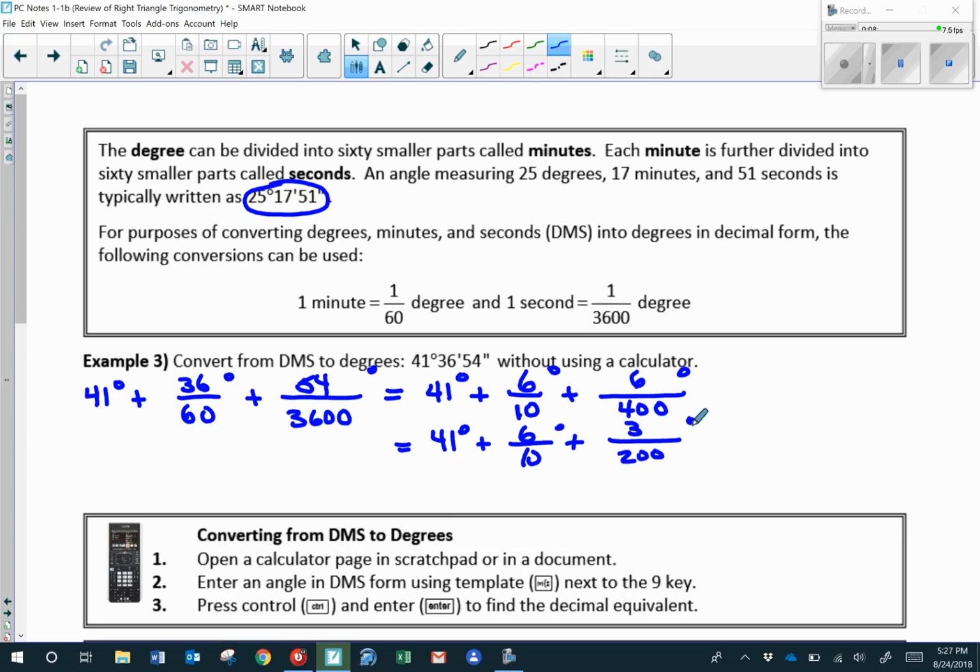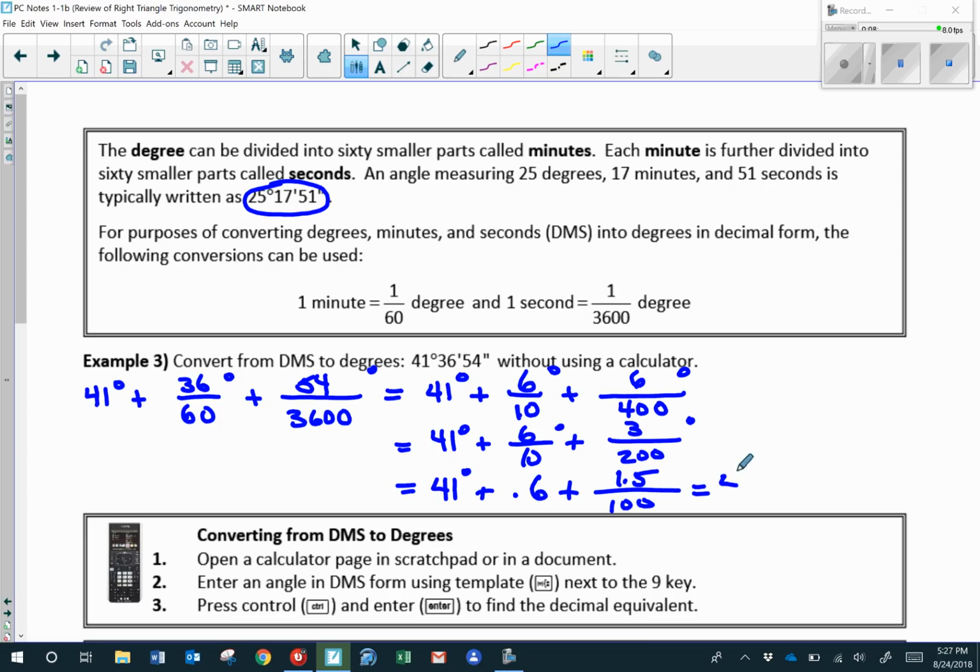3/200. I'd love to see that third fraction with a denominator of 100, because then it's the hundredths place value. So we already know this one's 0.6. 3/200ths is 1.5 hundredths.